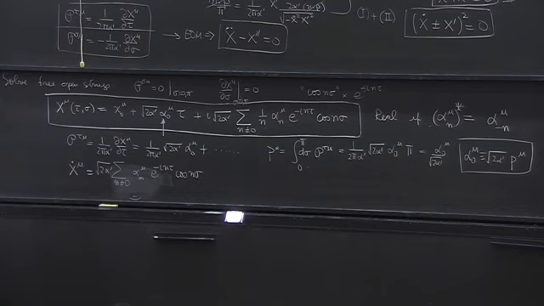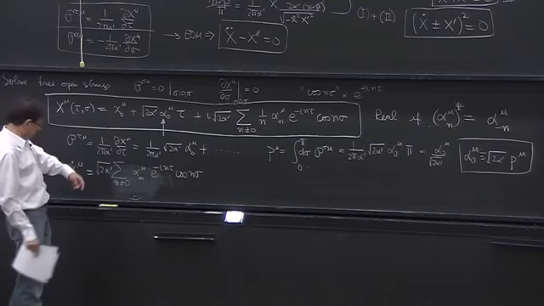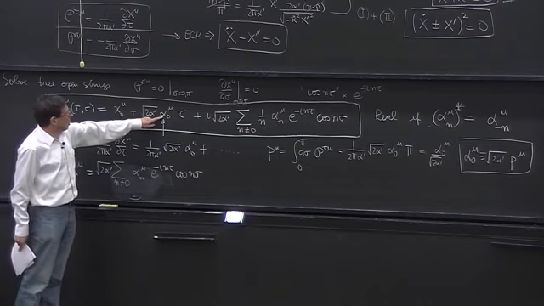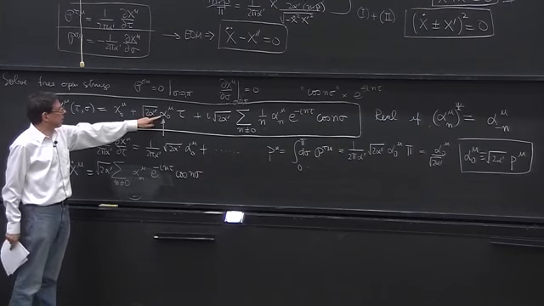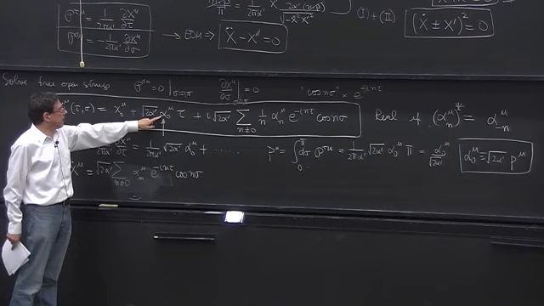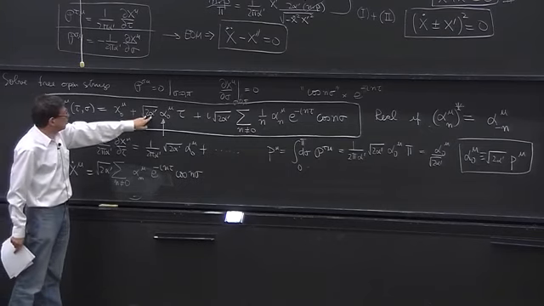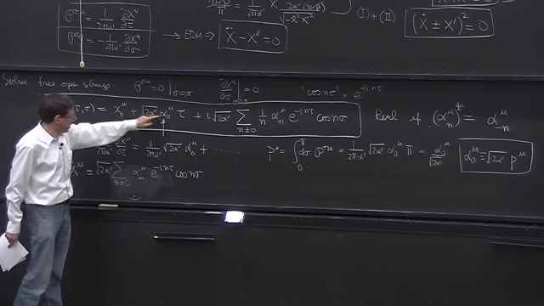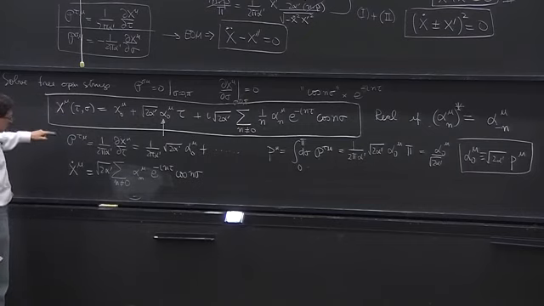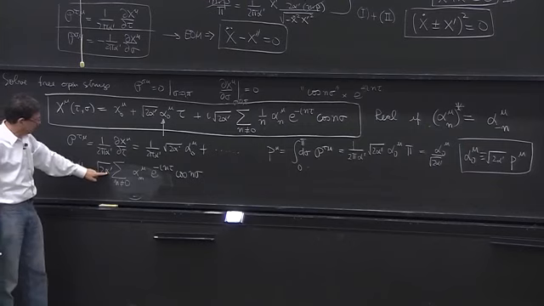Good. But now I missed the first term, for n equals 0, or this term is missing. I just differentiated that one. So I should get an extra term when I differentiate with respect to tau of 2 square root of 2 alpha prime times alpha 0. Square root of 2 alpha prime.